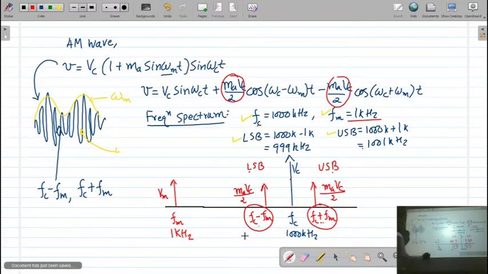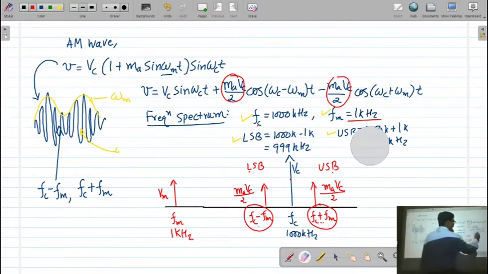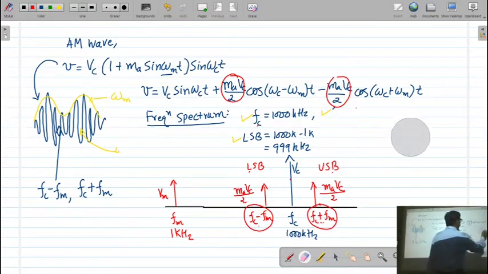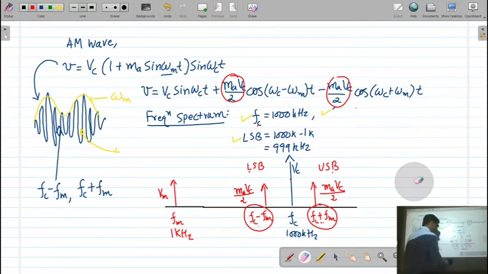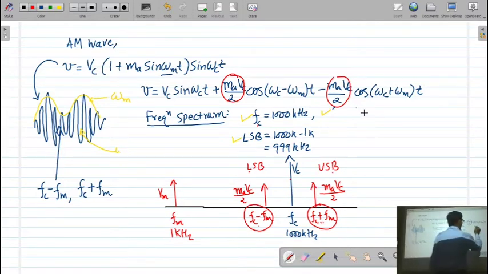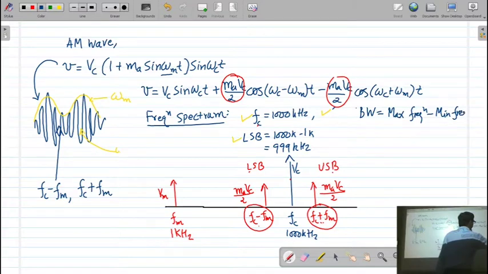So let us see how to calculate. The bandwidth is given by maximum frequency minus minimum frequency. Remember, we are calculating the bandwidth for a signal.